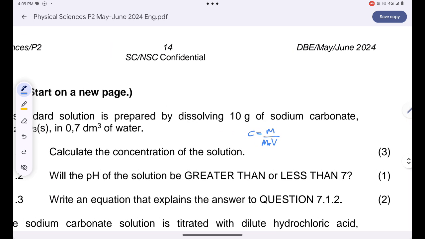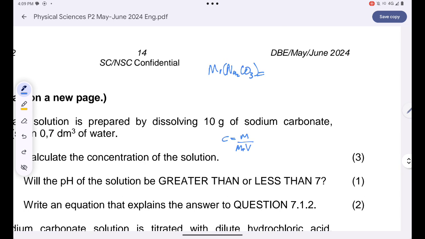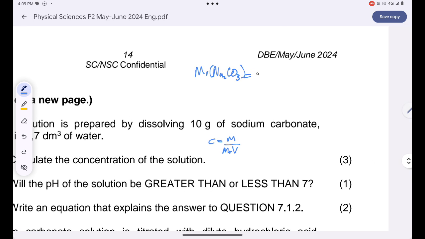Let's find the relative atomic mass for sodium carbonate. For sodium the molar mass is 23, but I have 2 of the sodiums there, plus carbon, that's 12, and then oxygen, I simply have 16 multiplied by 3.